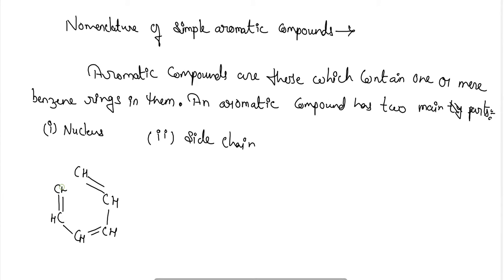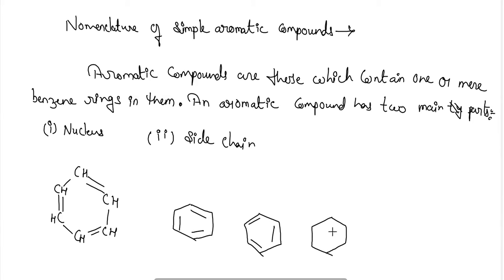So this will be the nucleus of an aromatic compound, which can also be represented as a hexagon with three double bonds in it, or we can also represent it with a hexagon with a circle in between. So this is generally termed as the nucleus.